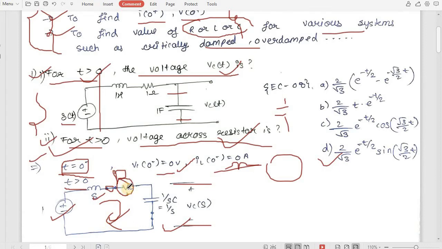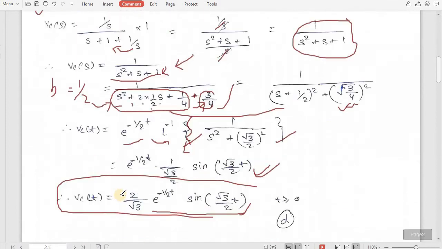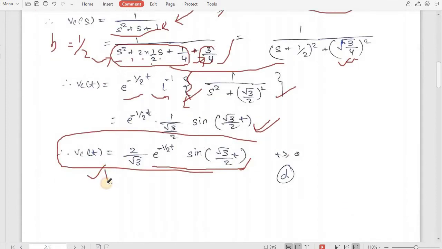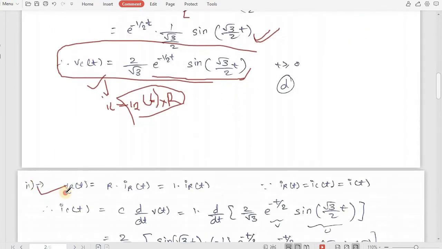If you observe carefully, the resistor current, the capacitor current, and the inductor current are all the same. Since we have already calculated VC(t), from this we can get our capacitor current, which will be equal to IR(t), basically the resistor current. Then we simply multiply with the value of R, such that we get our VR(t). So this is what I have written here.